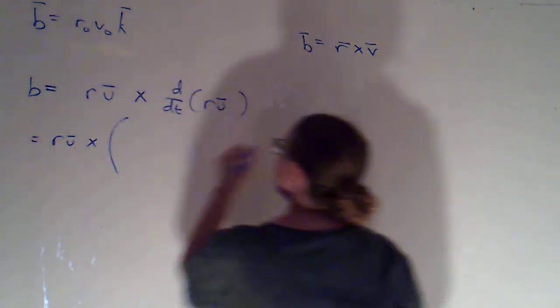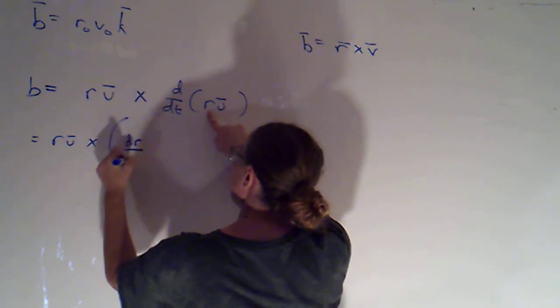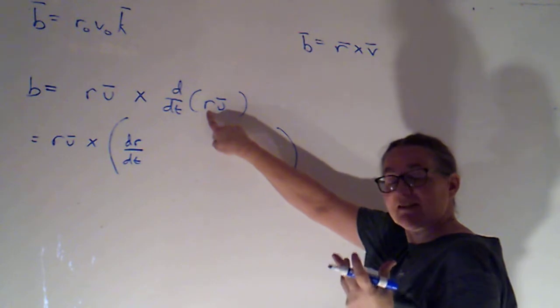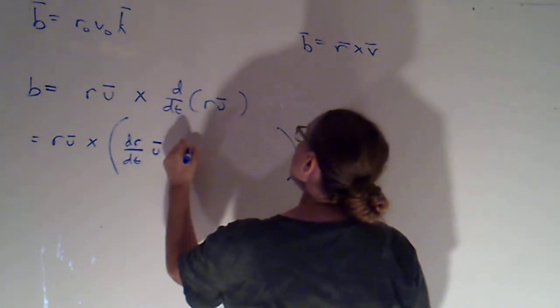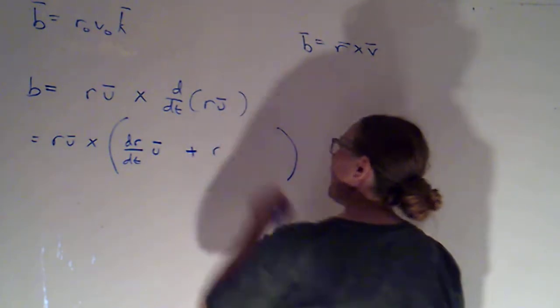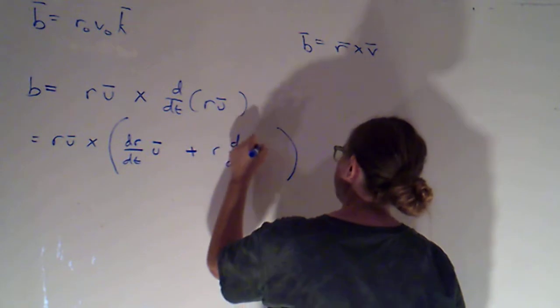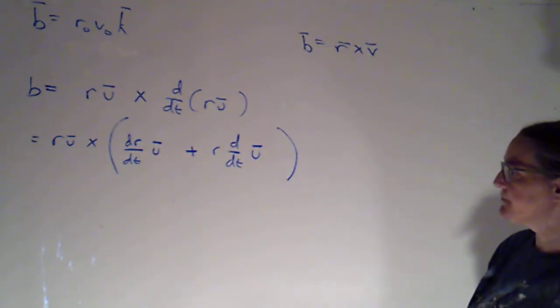I take the derivative of R with respect to t, so that's just the derivative of the distance of the planet from the origin, and I multiply that by U. Plus, I take R, that distance, and I multiply that by the derivative of U. Excellent.